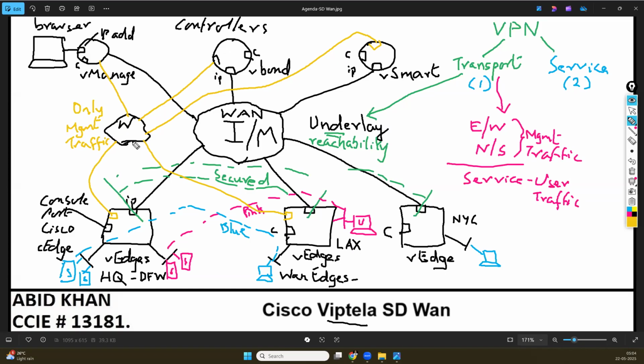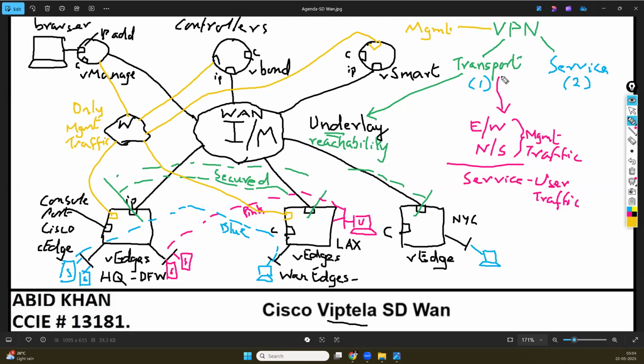And because of this, we also have something called Management VPN, the third type of VPN. Management VPN and transport VPN.